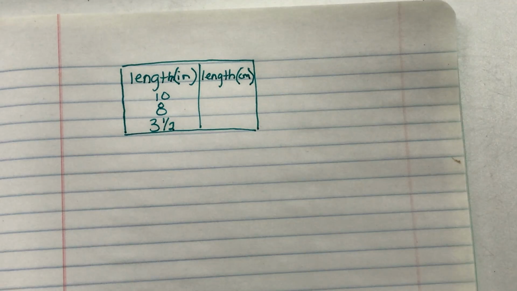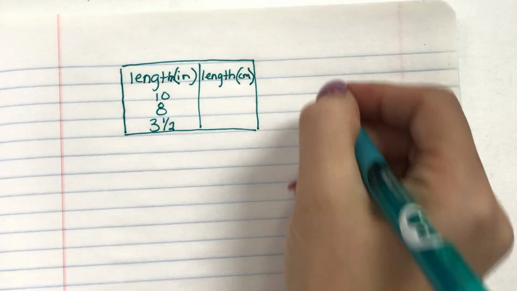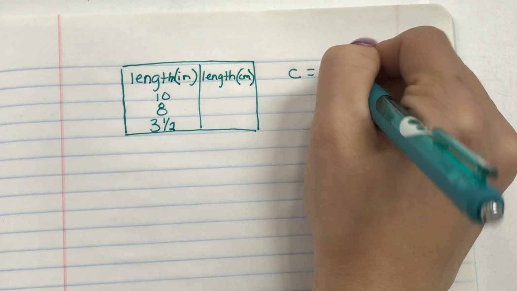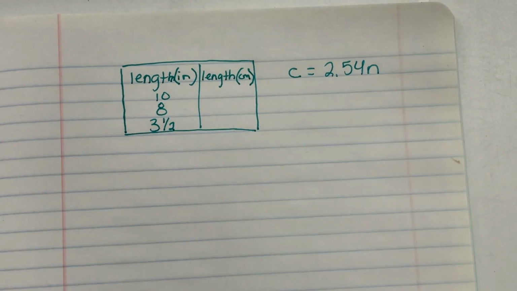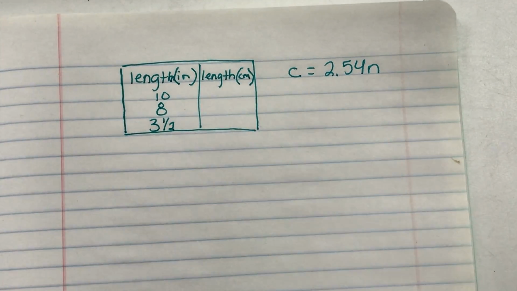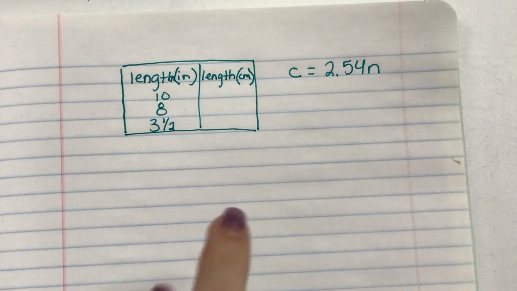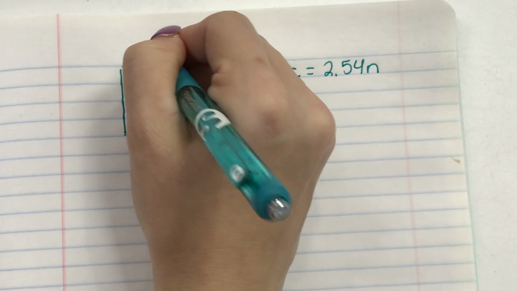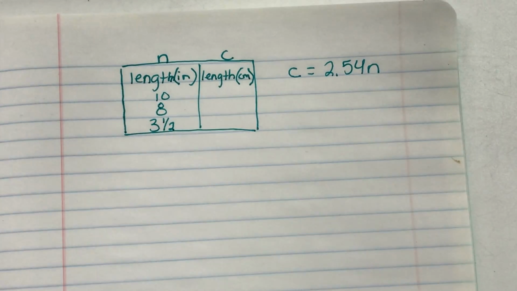All right, so they want us to use this time C equals 2.54n. So we're going to do the same thing we just did. Stick your head up and write. So this is our C, this is our n, because they told us that.